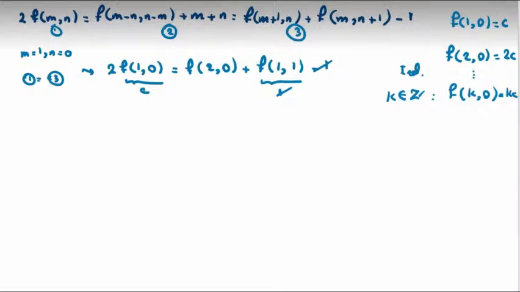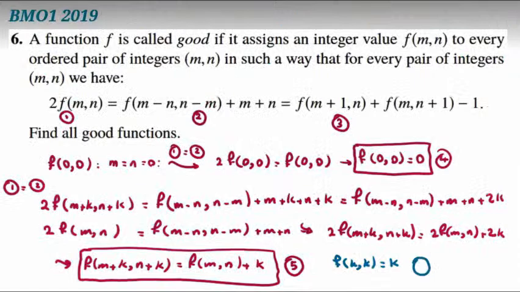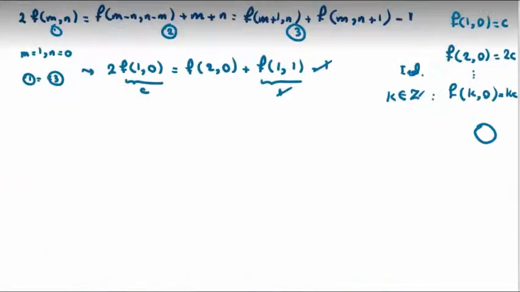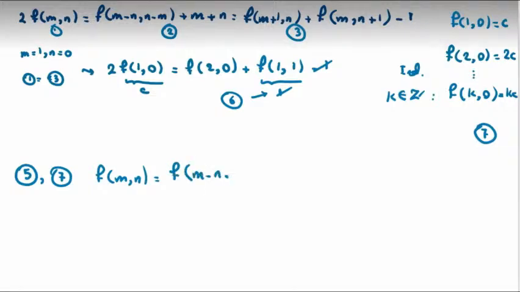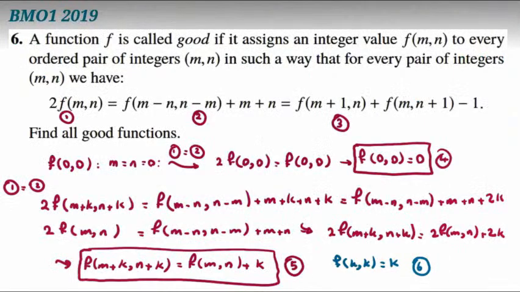Now, let's call this one 6, and here we've used 6 for this part. Last part is 7, that's all of them. So if we combine 5 and 7, f(mn) equals f(m−n, 0) plus n.